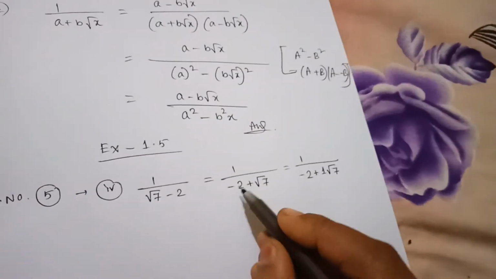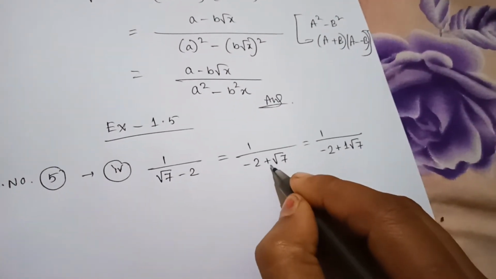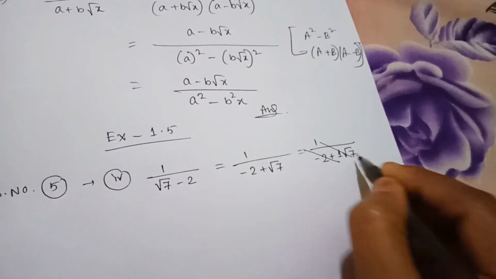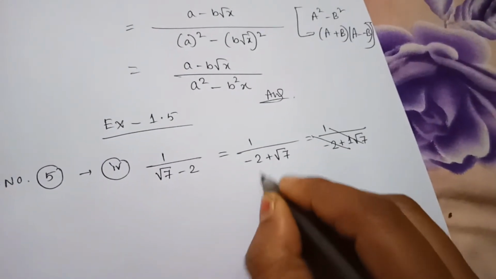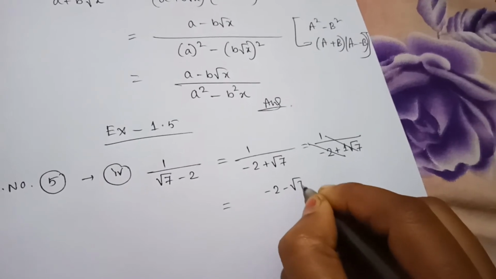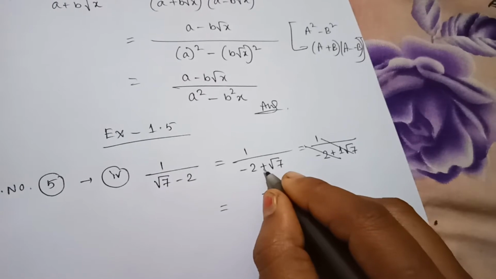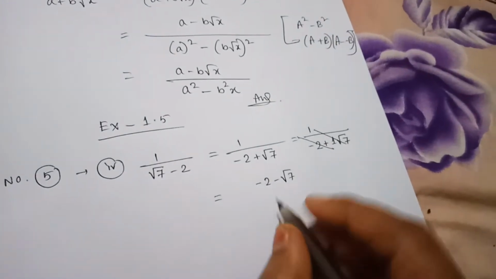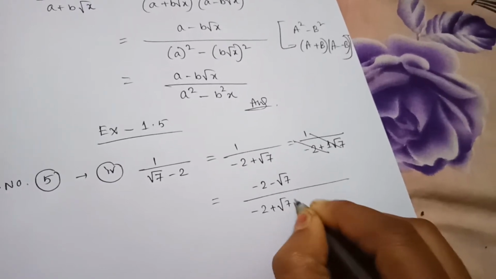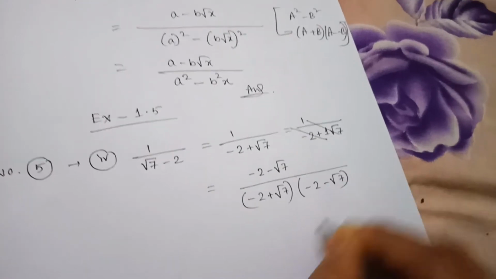So we are not doing it, or you can do it, no problem. I'm not doing this part. This part I just told you to make you understand. From this I'm doing. So this is equal to minus 2 minus root 7 to be multiplied, because I told you this sign must be changed, divided by minus 2 plus root 7 into minus 2 minus root 7.